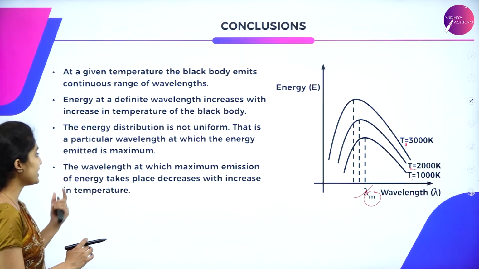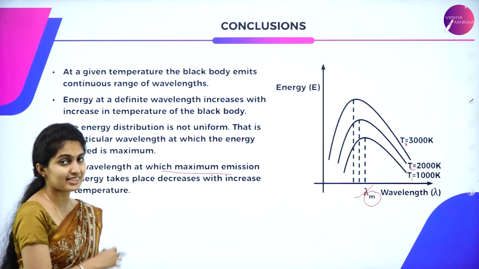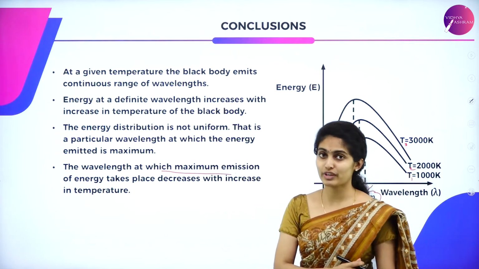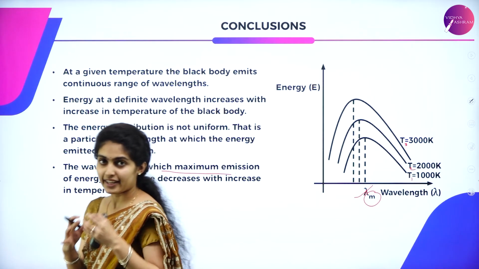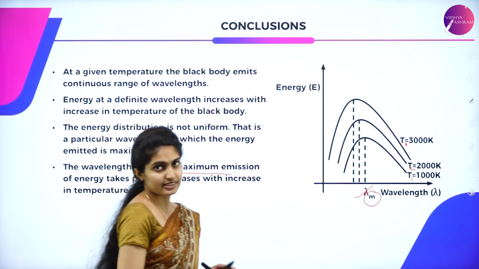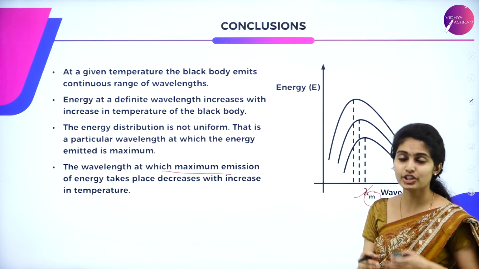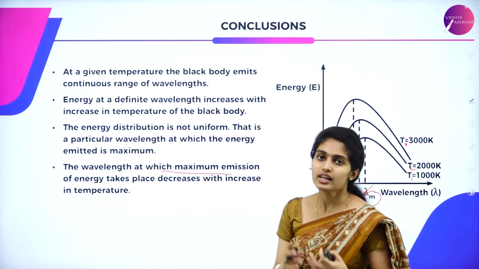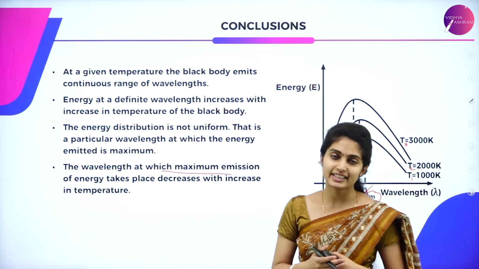And the fourth point is that the wavelength at which the maximum emission of energy takes place decreases with increase in temperature. So the wavelength at which the maximum energy emission occurs decreases when the temperature increases, but when the temperature increases, the energy increases. So that is all about the conclusions of Lummer and Pringsheim regarding black body radiation.